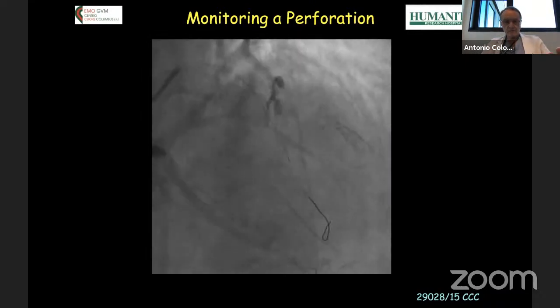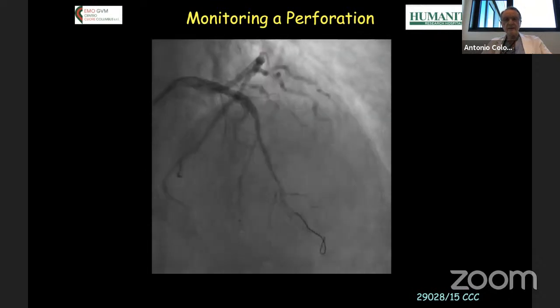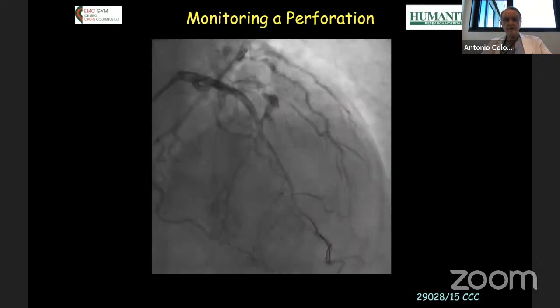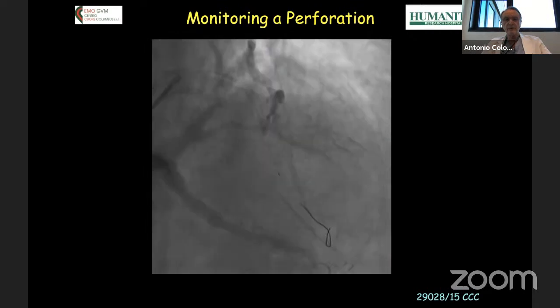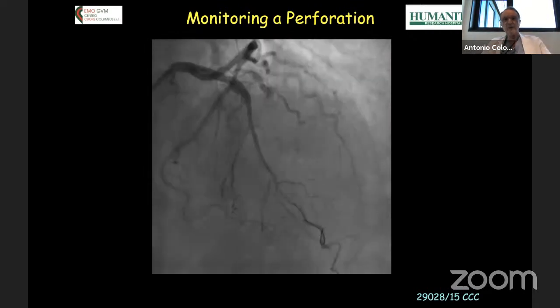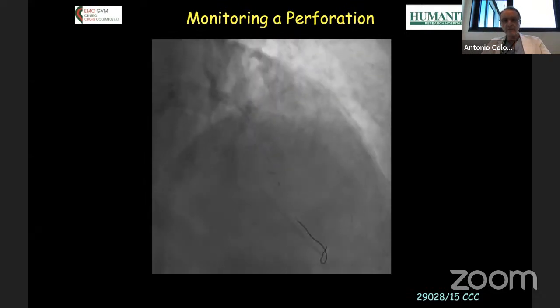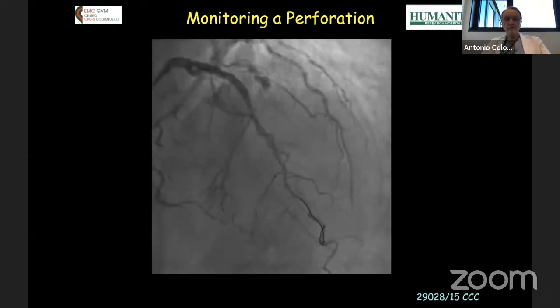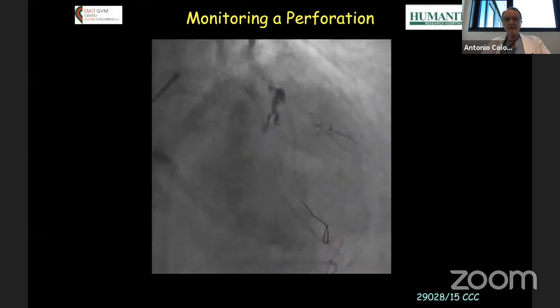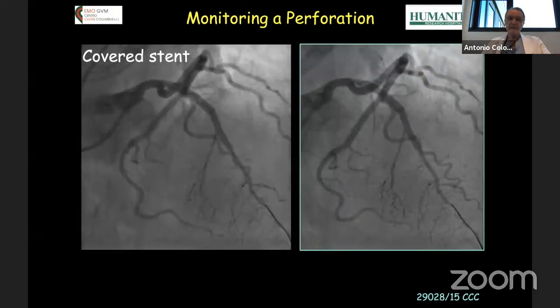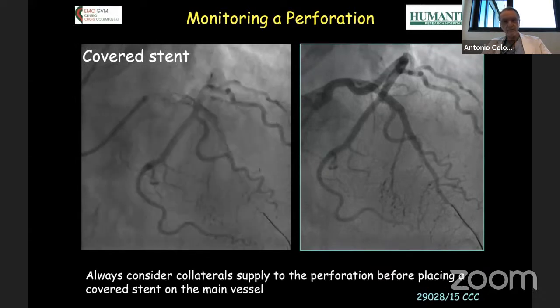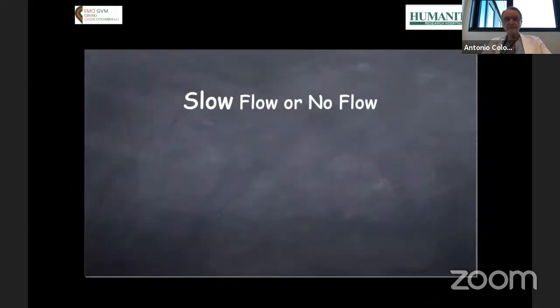So do not assume that a perforation taken care of by prolonged balloon inflation is cured. Stay a little bit in the Cath Lab, monitor, and make sure your result is stable. In this case, we placed a cover stent on the LAD and treated it.